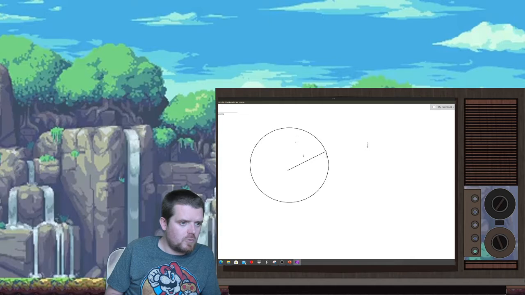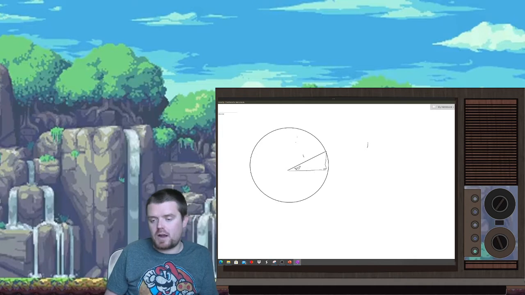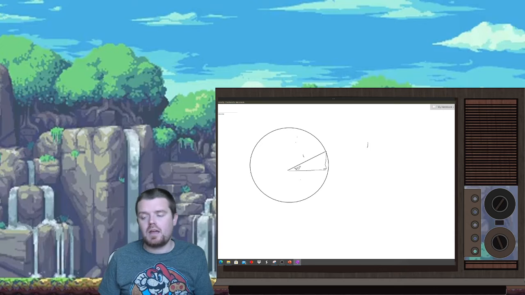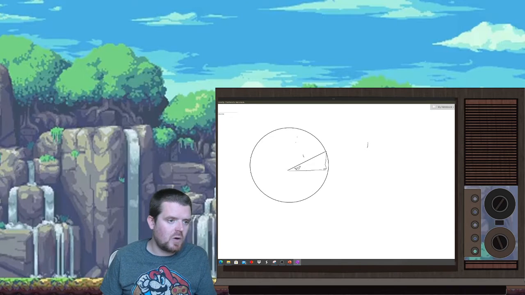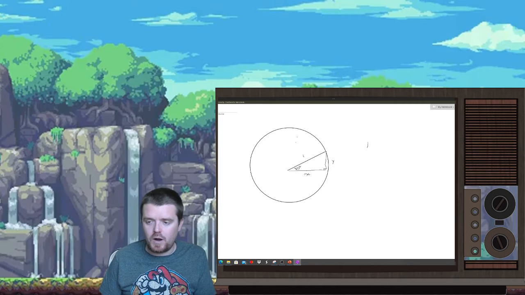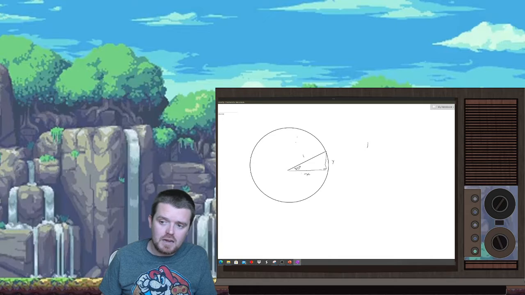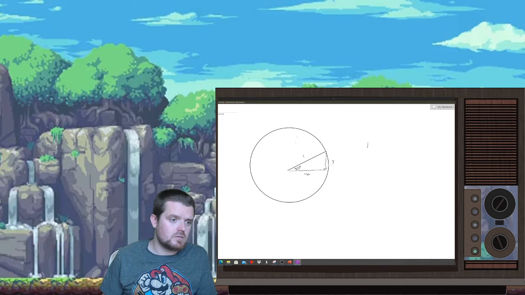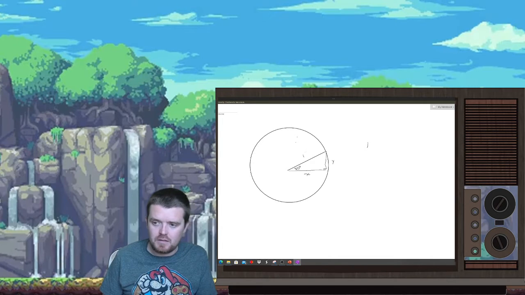So if I were to draw a right triangle that had an angle of 30 degrees, well, that's a special right triangle. That's a 30, 60, 90. And based on that, I could figure out what the length of either this side or this side is, using the relationship where if I know the short side, the hypotenuse is twice that length.